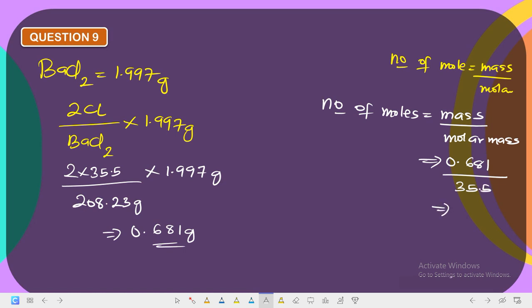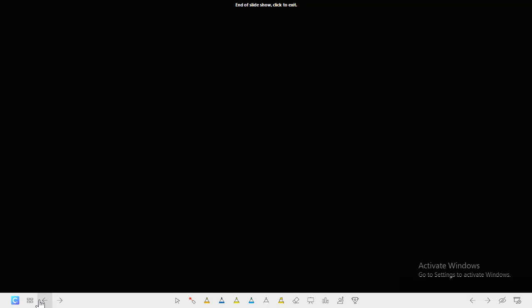And this will become 0.681 divided by 35.5, and that will give us 0.0192 moles. So that is the number of moles of chlorine in barium chloride. And that is the solution to this question.